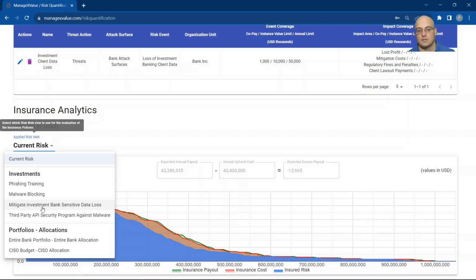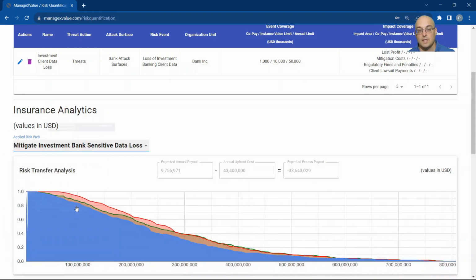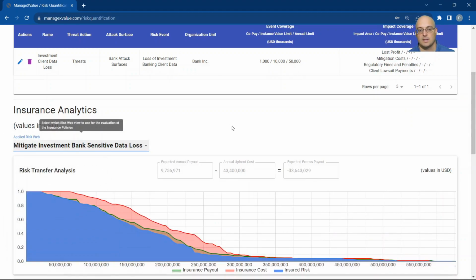So for example, if this organization executes successfully this investment that focuses specifically on the mitigation of investment bank sensitive data loss event, which is the coverage of this insurance policy, what you see here is that the risk profile of this risk event goes down significantly as a result of the investment, as a result of the improved strengths of the protective capabilities against this risk event and the specific threats that can result in this risk event.